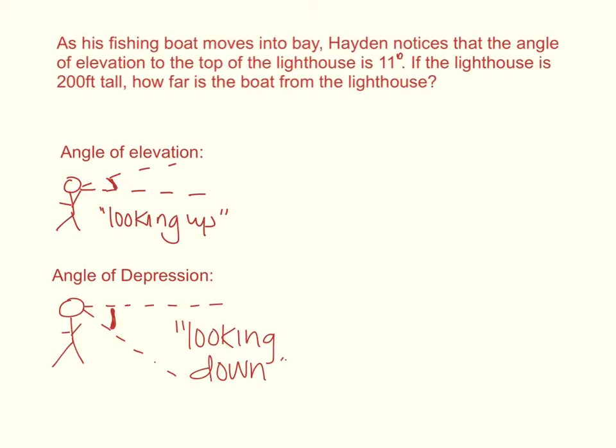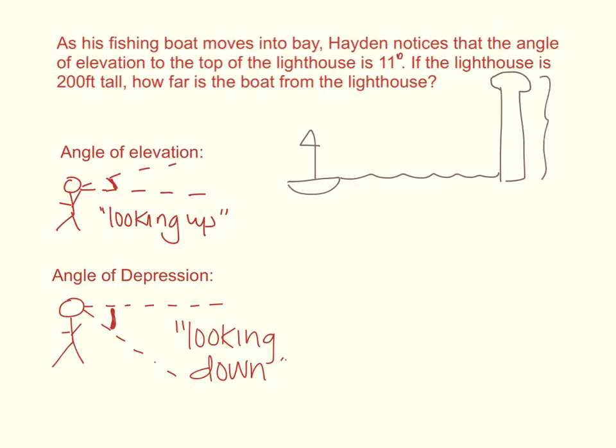So first, when you have something like this, like a word problem, what we want to do is draw a picture. So if I have a lighthouse and a boat, so let's say I have a boat and I have the water, and let's say that this is my lighthouse. That looks like a tree, but you get the idea.